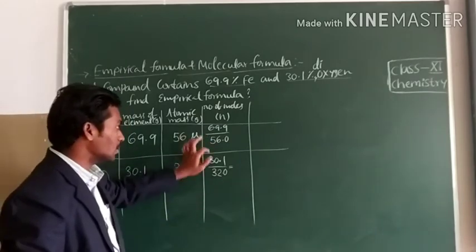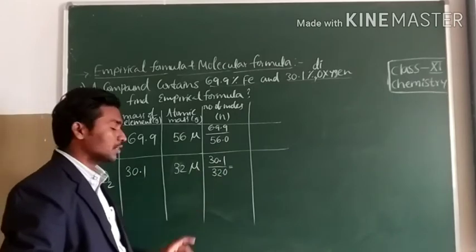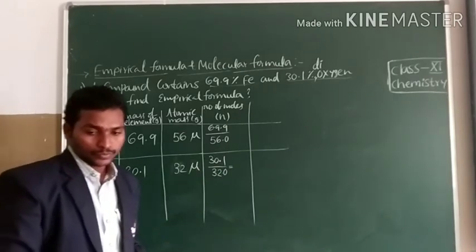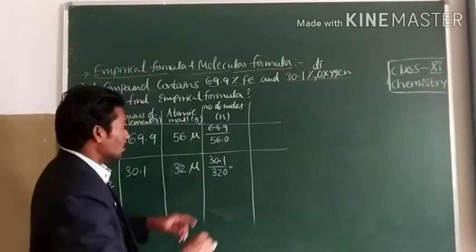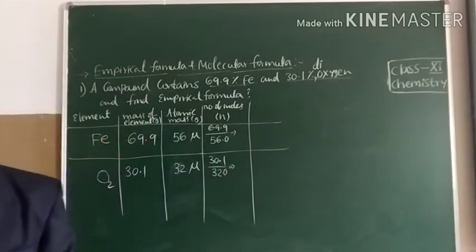We have to simplify this: 69.9 by 56, and 30.1 by 32. I have already simplified this, so I am writing the values directly here.